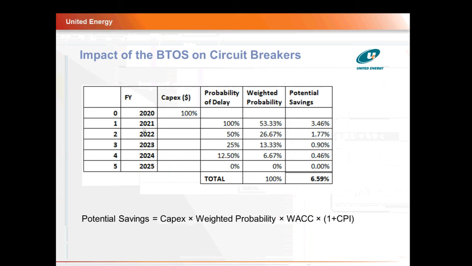The formula is the multiplication of the capex by the weighted probability by the WACC, which is the weighted average cost of capital, an internal value to United Energy, and this is a confidential value, and also multiplied by inflation. So we can see, although these are percentages, this is a considerable saving of the capex, because this capex value is usually in the range of millions of dollars.